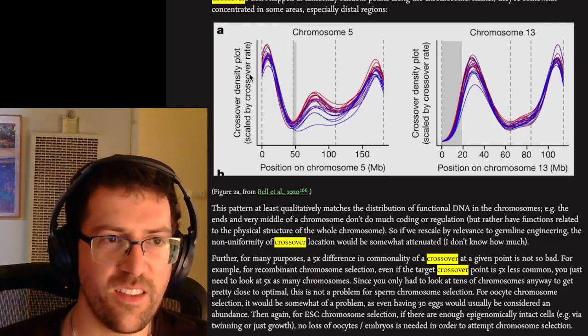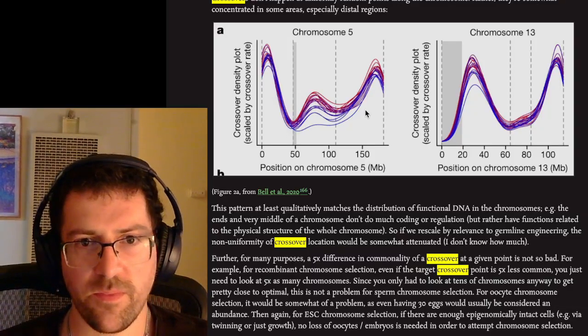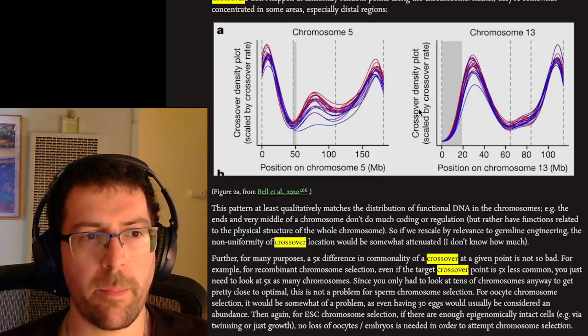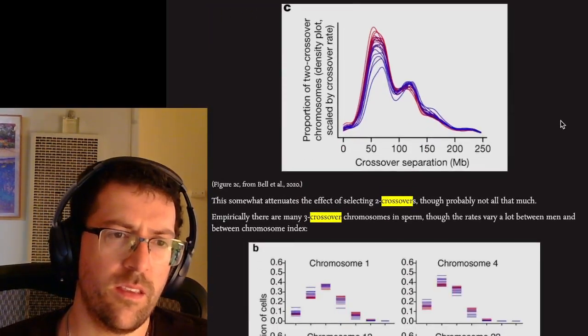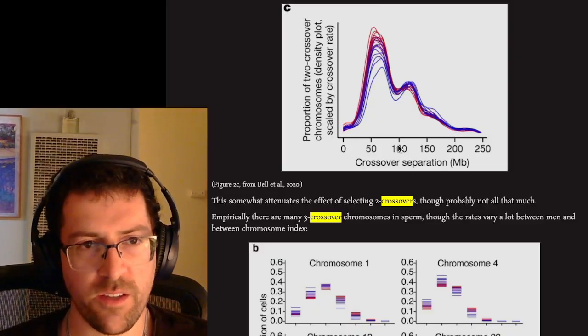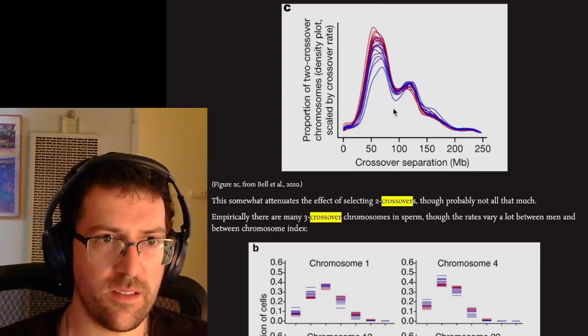Anyway, depending on where you are in the chromosome, there's a different crossover rate. There are also hotspots, and it varies between different chromosomes. And when you have multiple crossovers, they're not in independent positions. There's some correlation.